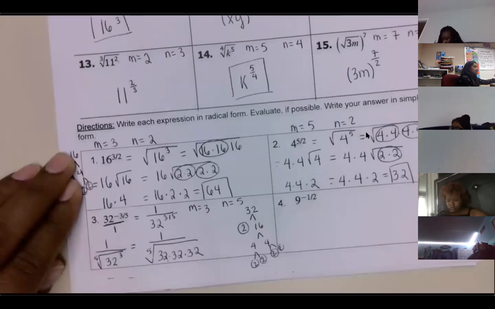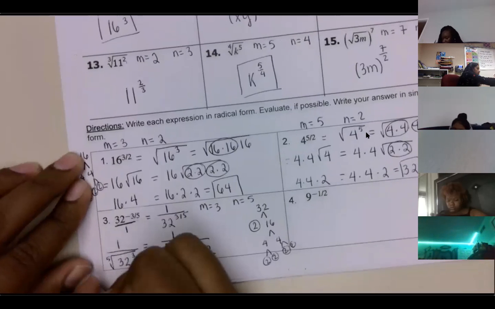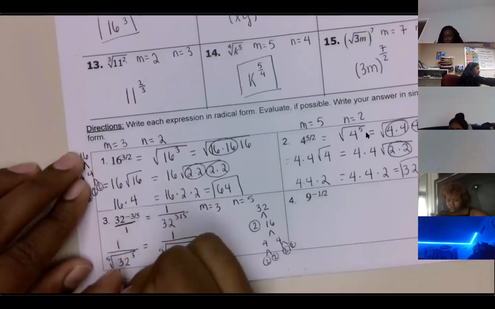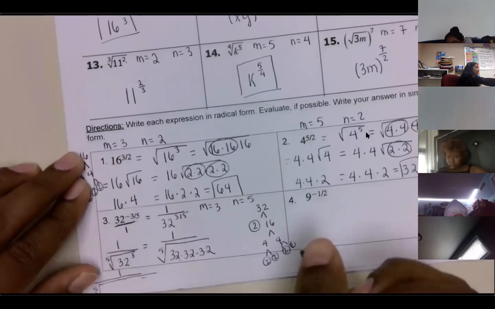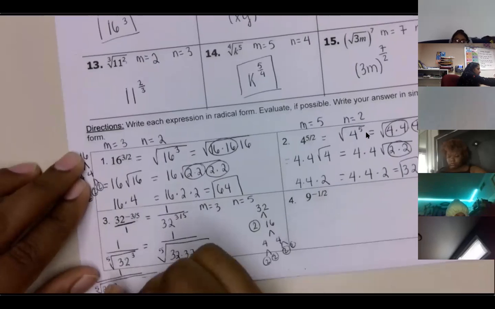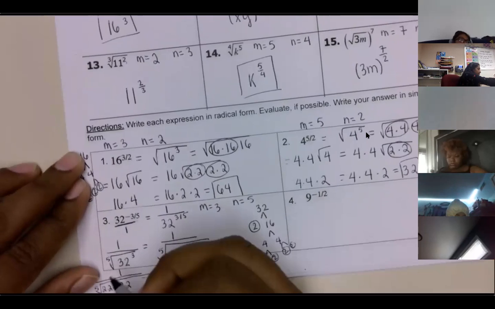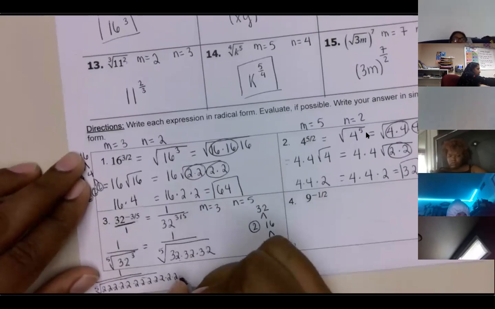So this is going to be 1 over the 5th root of, you've got 5 2's, so 2 times 2 times 2 times 2 times 2. Another 5 2's, so 2 times 2 times 2 times 2 times 2. And then your last 5 2's, 2 times 2 times 2 times 2 times 2.